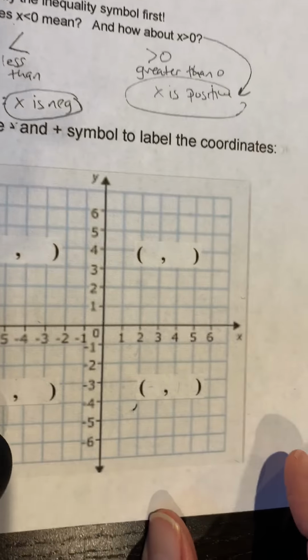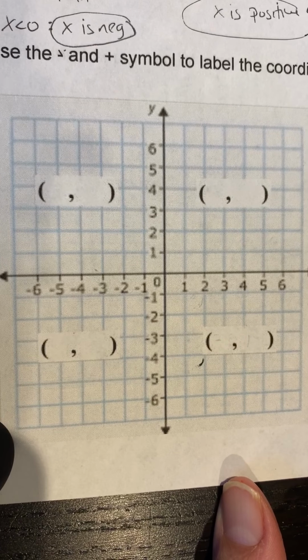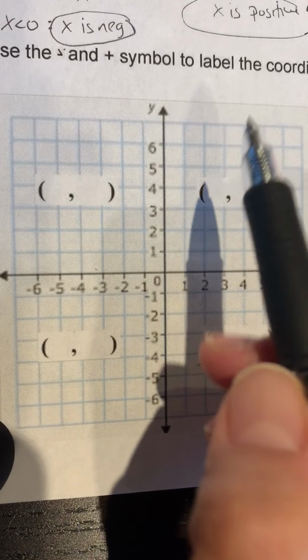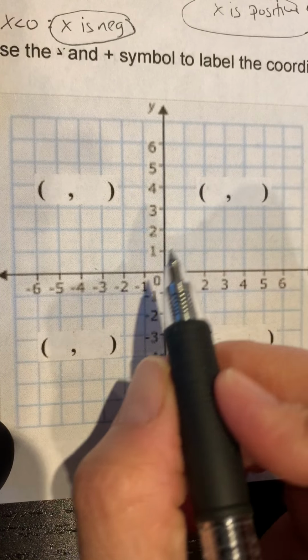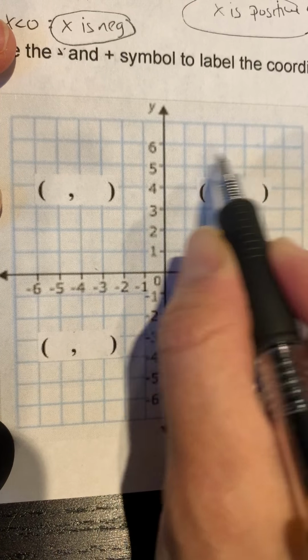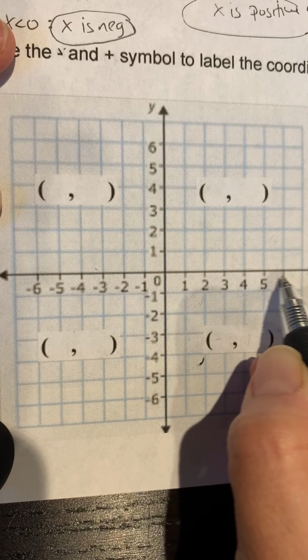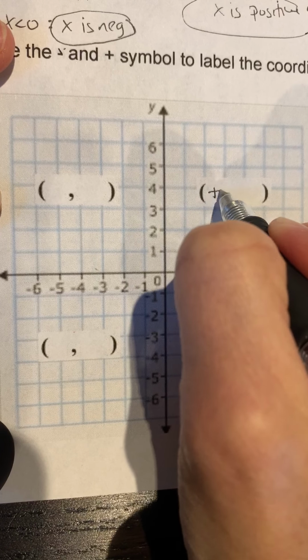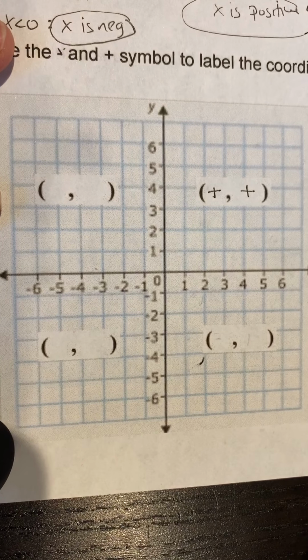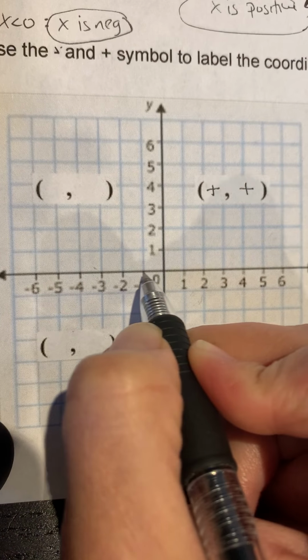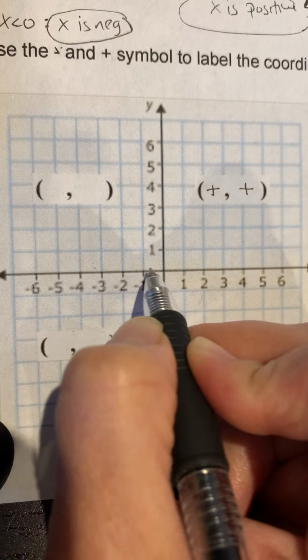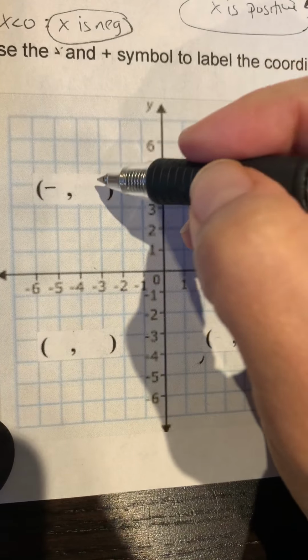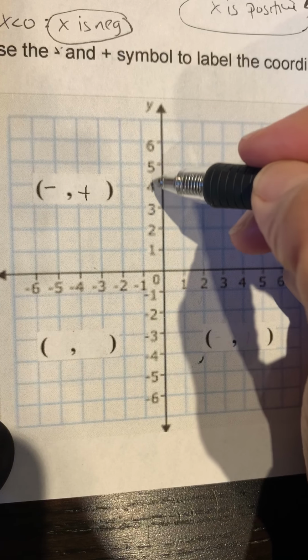Okay, so now I just want you to figure out in the quadrants, a plus sign and a minus sign. Since these are all positive numbers and these are all positive numbers, this would be a positive and a positive. See that? Over here, the x values are negative, and then going up, the y values are positive, right?